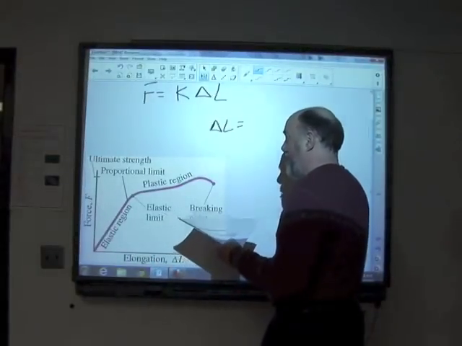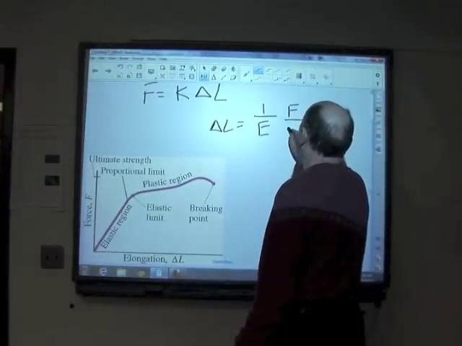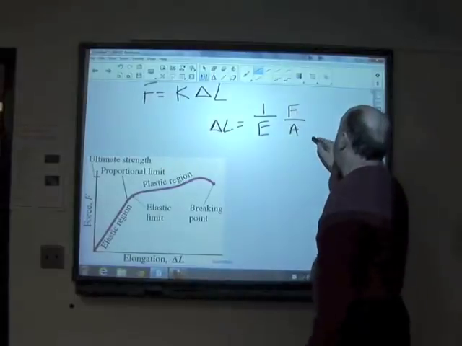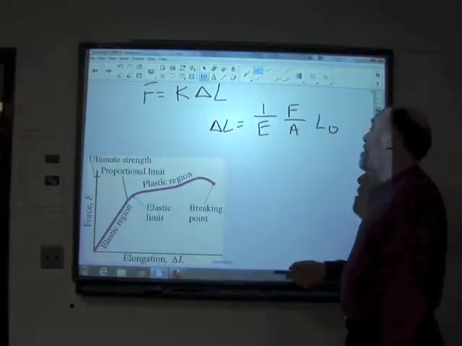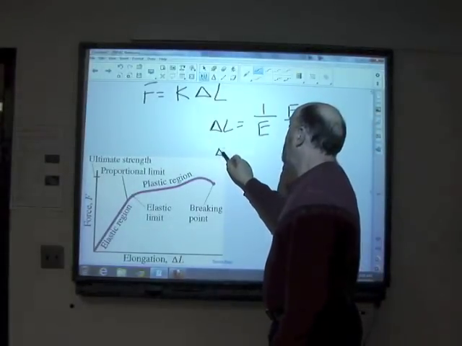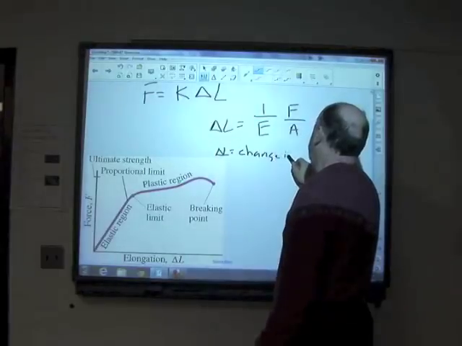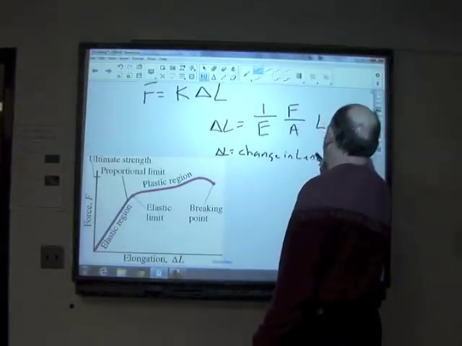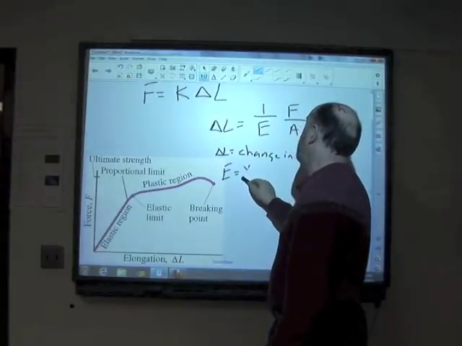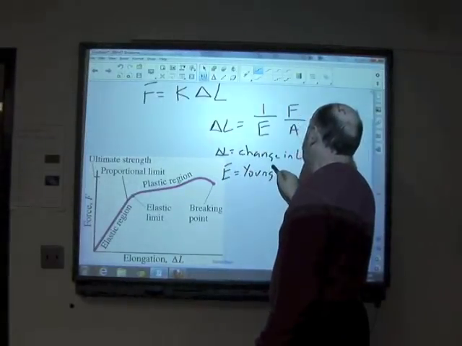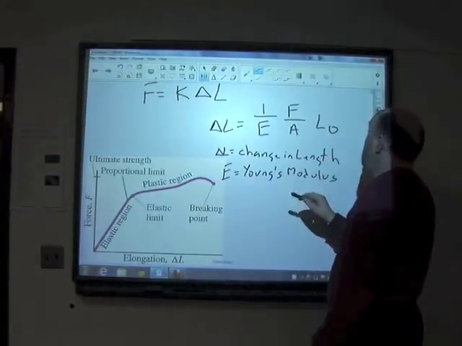And so we get this equation. In terms of what everything stands for here, delta L is going to be the change in length. E is a constant, and it is Young's modulus, and they give a table in the book for these values.